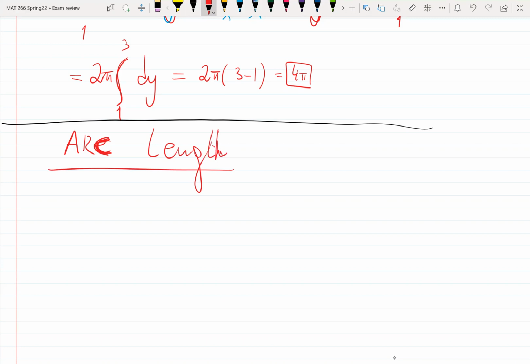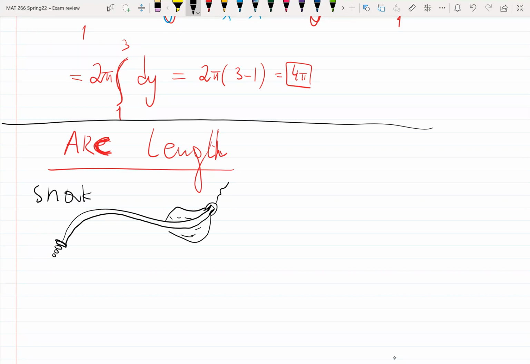Remember the snake, right? How would you measure the length of the snake? Like so. The length of the snake is still an integral, still the idea that you measure the snake with tiny segments.